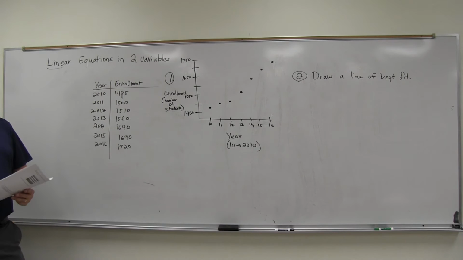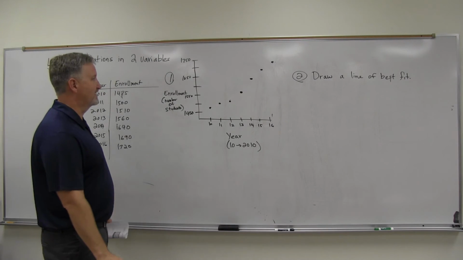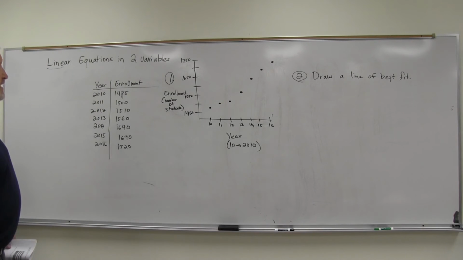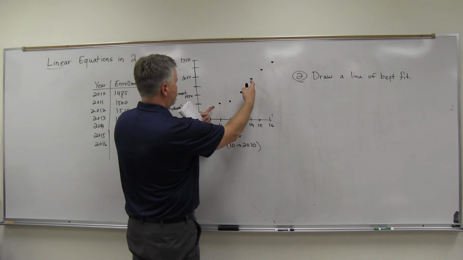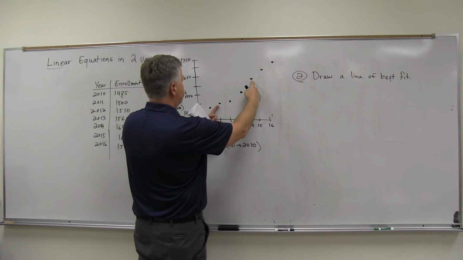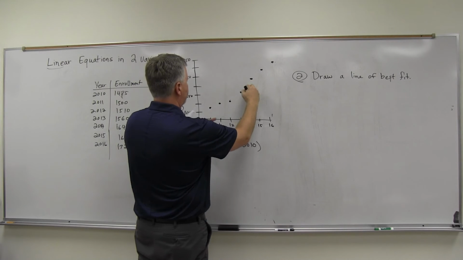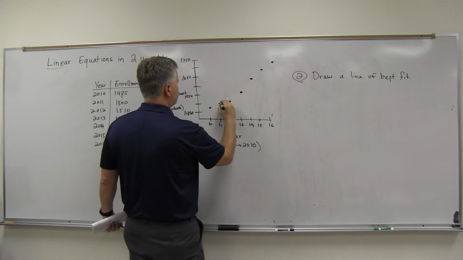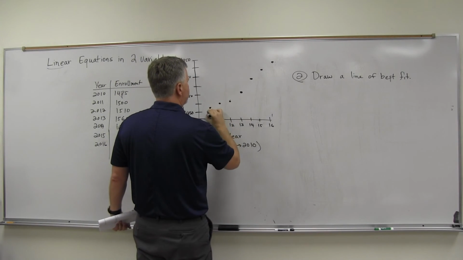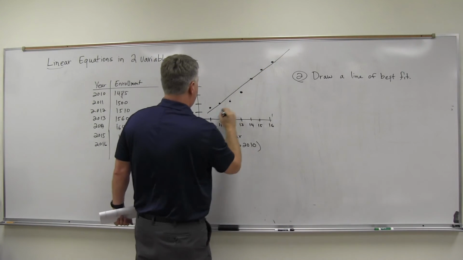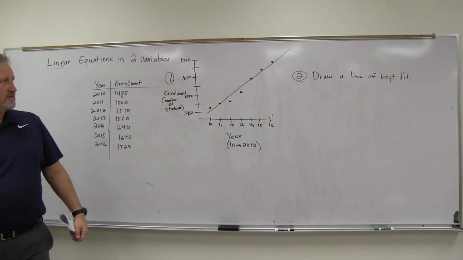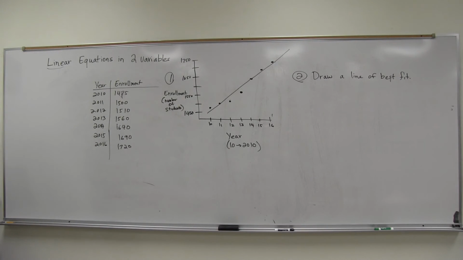And I would use 2 of the points because we're going to find the equation of that line. That would be our next thing. So looking here for a line that goes through the middle, and whatever points, you may pick 2 different points, but it looks like if I went through these 2, with how I've drawn it anyway, that does a pretty good job because I've got some above, some below.